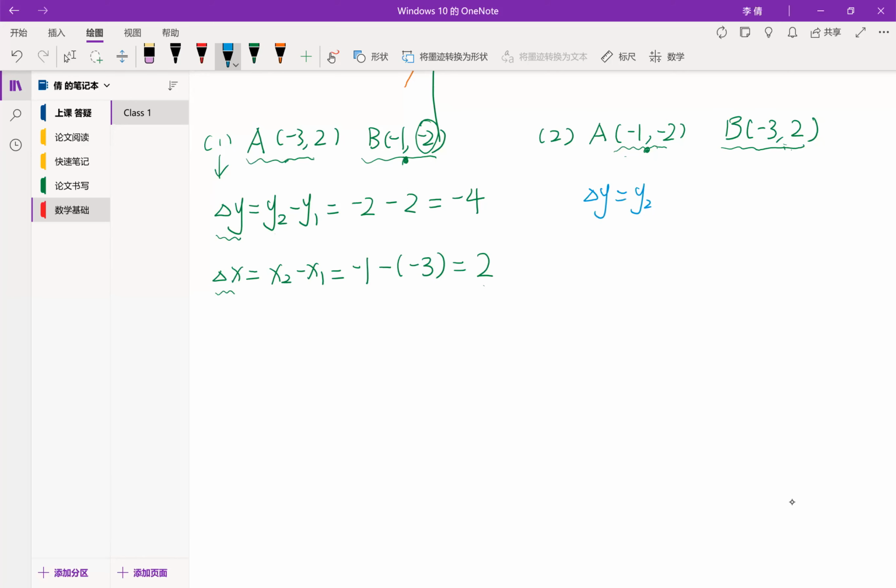This is y sub 2, this is y sub 1, so we use 2 minus -2, which is equal to 4. And delta x is equal to x sub 2 minus x sub 1. We use -3 minus -1, which is equal to -2.